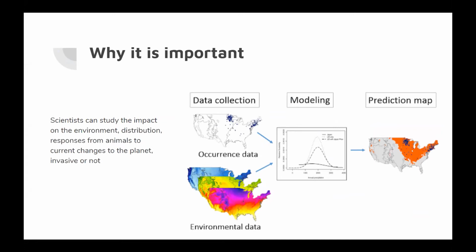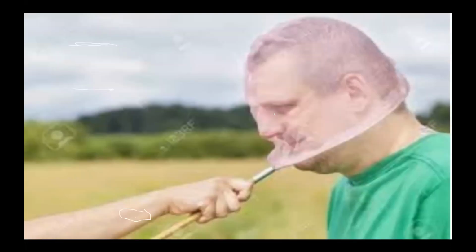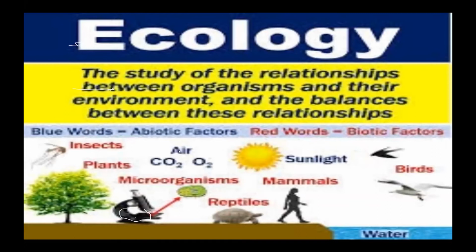This is more like Illinois. So we can stop it from invading Illinois and possibly take preventive measures, put out maps so then we can show our data. And then it'll help our environment if we keep this data.